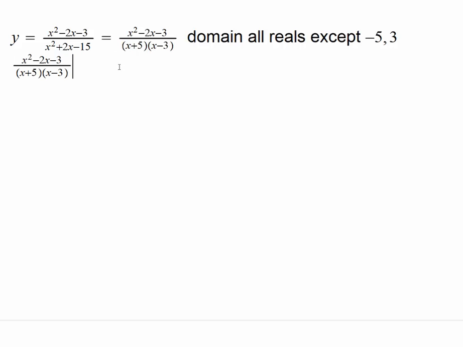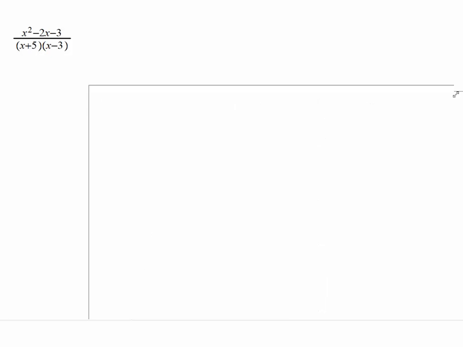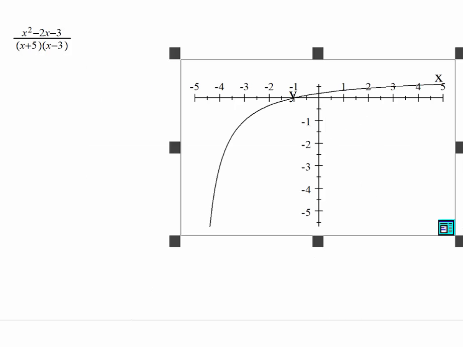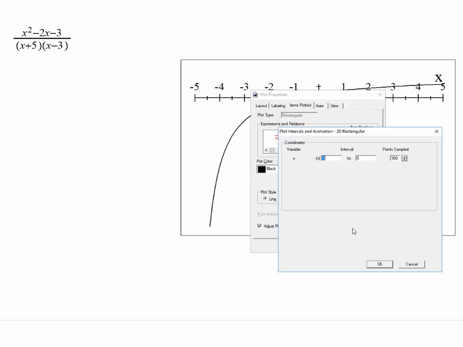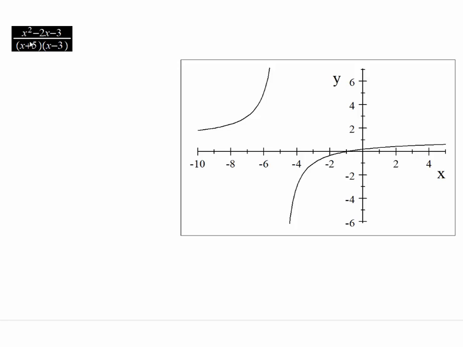We graphed it, and negative 5 is not included in the window, so let's include it. At negative 5, we do have a vertical asymptote, but we don't see any vertical asymptote at x = 3. What could the reason for that be?